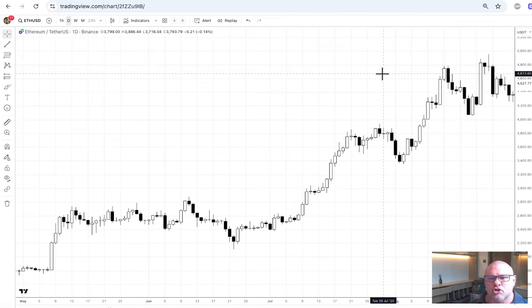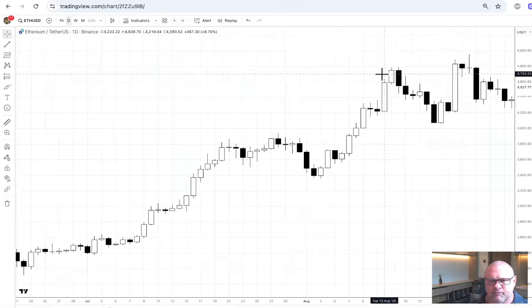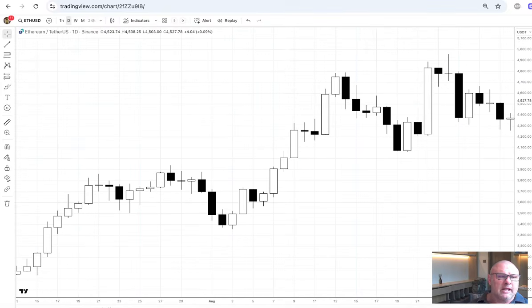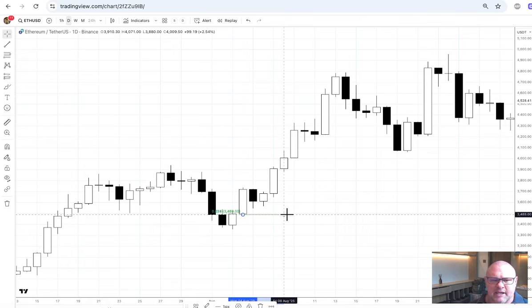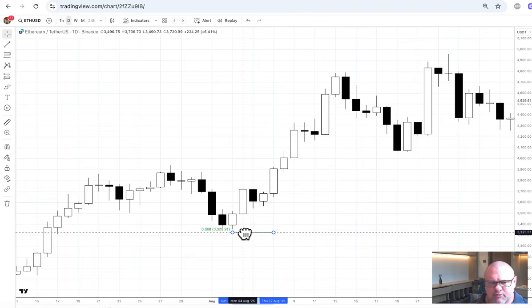And I'm going to show you something very interesting today. This is what we came here to see. On this day back here, the bulls tried to push it up, the bears tried to push it down. The best the sellers could do, they couldn't even push it below the low of the previous day.